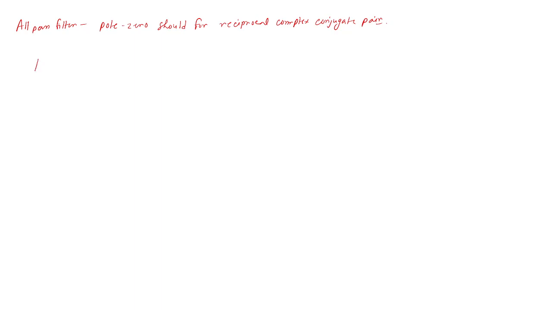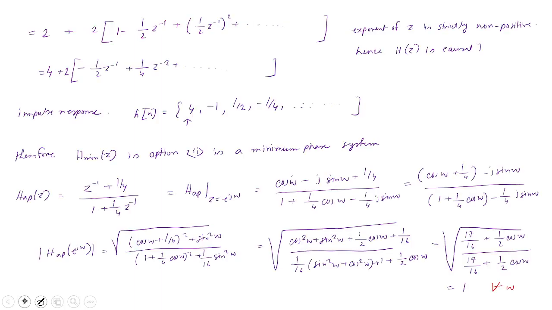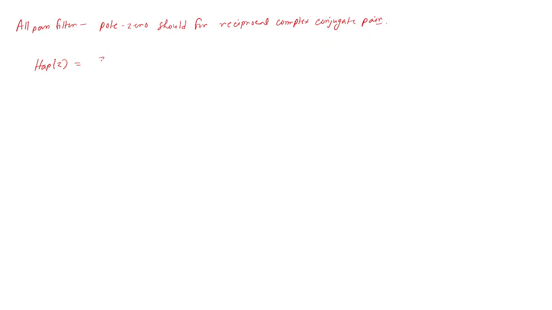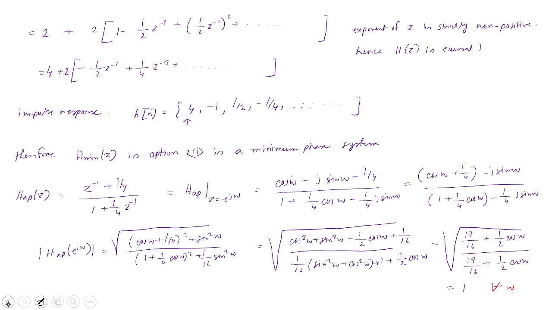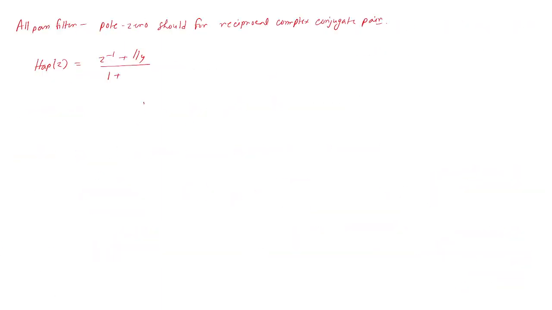So what is the transfer function H_AP of Z in the question? Let me see from the previous slide. It is Z inverse plus 1 by 4 over 1 plus 1 by 4 Z inverse.